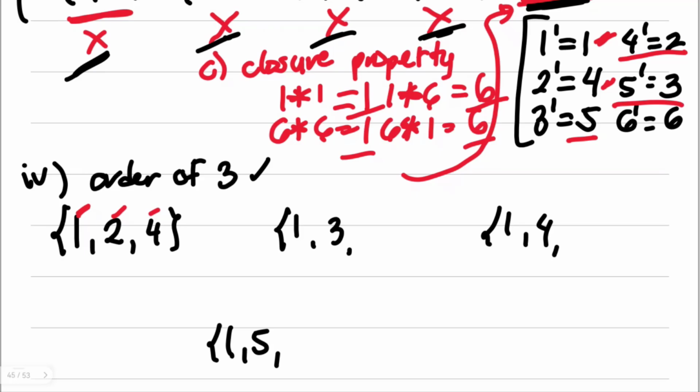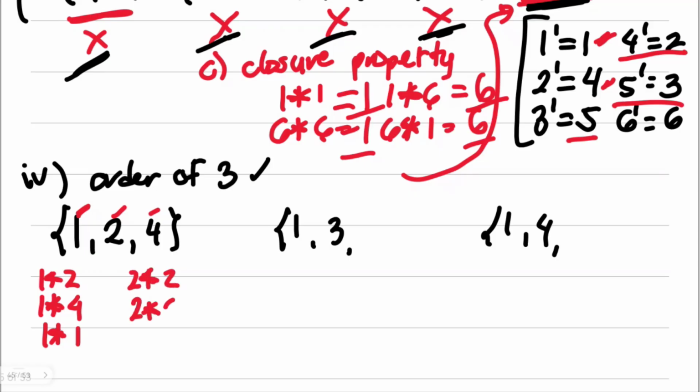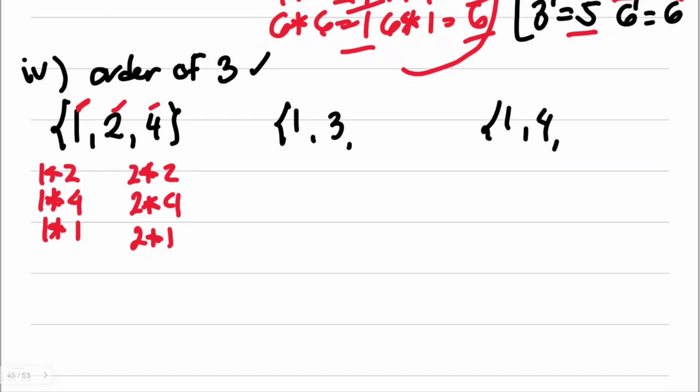So we'll proceed to our third one. Let me erase this 1 and 5 here, okay? Because we need to verify, or we need to satisfy, the closure property. If we have 1 star 2, 1 star 4, 1 star 1, you also have here 2 star 2, 2 star 4, and 2 star 1, and you have here the last group, 4 star 1, 4 star 2, and 4 star 4.